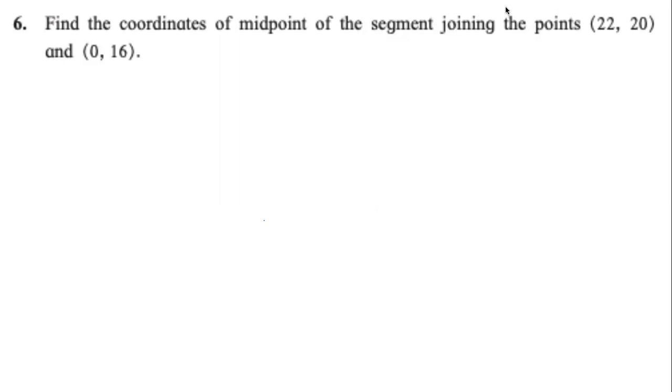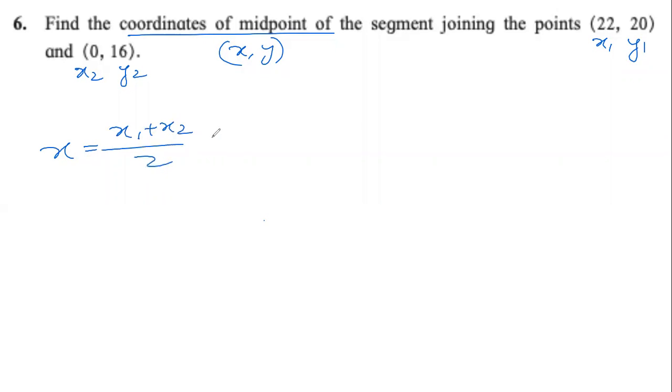If I solve it for all of you on the screen, as I said, first we need to identify x1, x2, y1, y2. Let's do that first, writing it quickly. x1 is 22, y1 is 20, x2 is 0, y2 is 60. We have to find the coordinates of the midpoint, x and y. We can say let it be x comma y. So now x will be equal to x1 plus x2 by 2. x1 is 22, x2 is 0, by 2. 22 by 2 means 22 divided by 2.